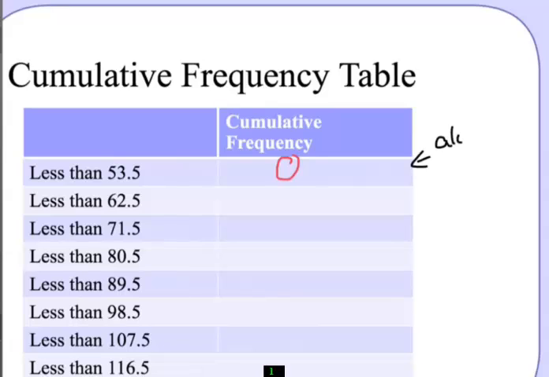You always start a cumulative frequency table at 0. The very first one is always 0. Okay. Things less than 62.5, there were 7 because they fell in the range of 54 to 62.